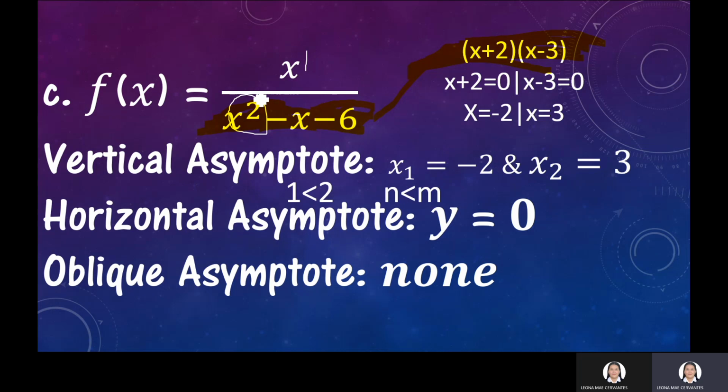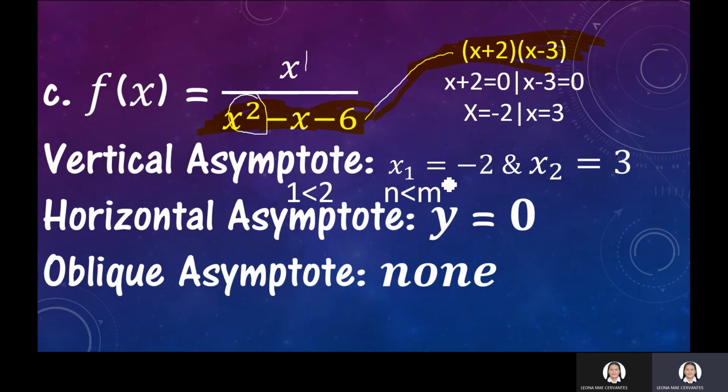Okay? So, again, vertical asymptote, denominator, then factor. So, we have x plus 2 times x minus 3. Then, equate to 0. X plus 2 equals 0. So, x equals negative 2. Then, x minus 3 equals 0. Then, x is equal to 3. Vertical asymptote, magkakaroon tayo ng dalawang x. Our vertical asymptote, which is x sub 1 equals negative 2, and x sub 2 equals positive 3.